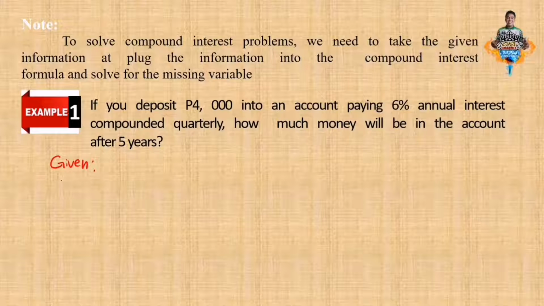The deposit amount is 4,000, that is the principal amount, in pesos. The account pays 6%, which can be expressed as R. In this process, we are going to use J, that is 6%, or 0.06.